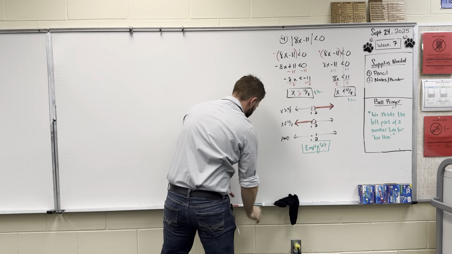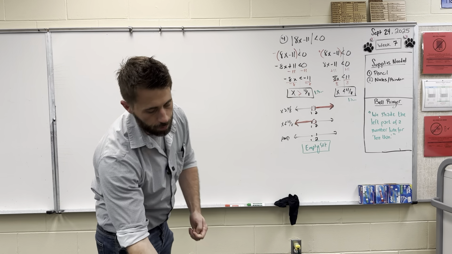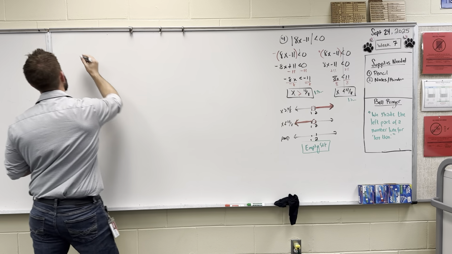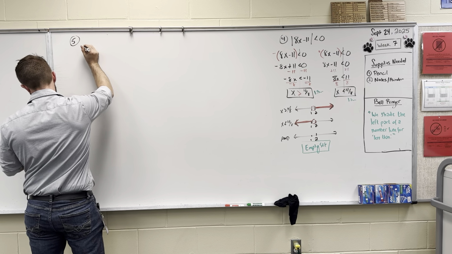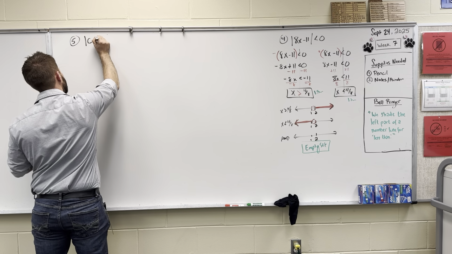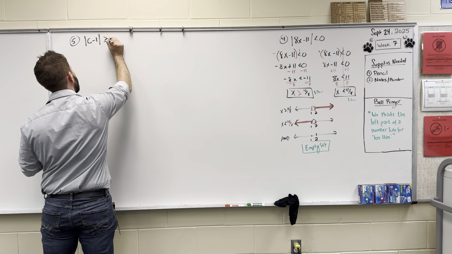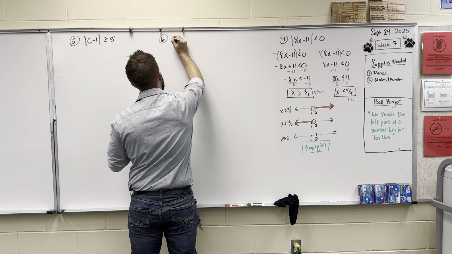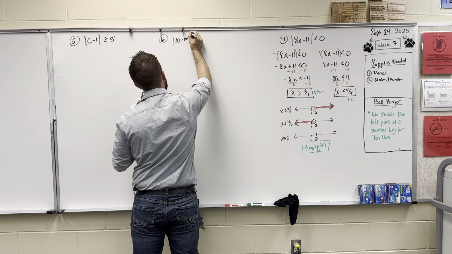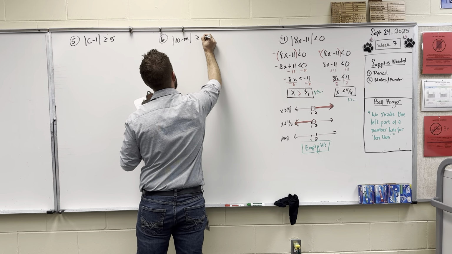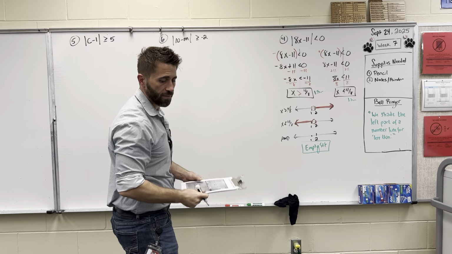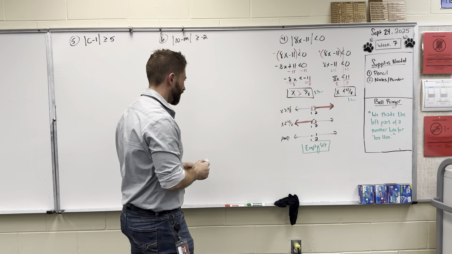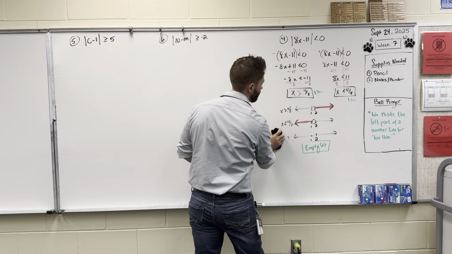Okay. Let's do 2 of these. Number 5 is the absolute value of c minus 1 greater than or equal to 5. Number 6 is the absolute value of 10 minus m greater than or equal to -2. And then we'll cover number 7 here in a minute. Actually, let me go ahead and write that up here as well.